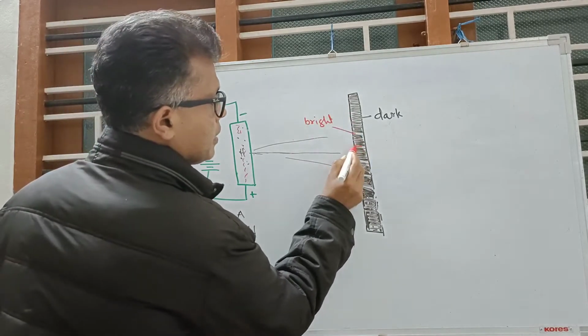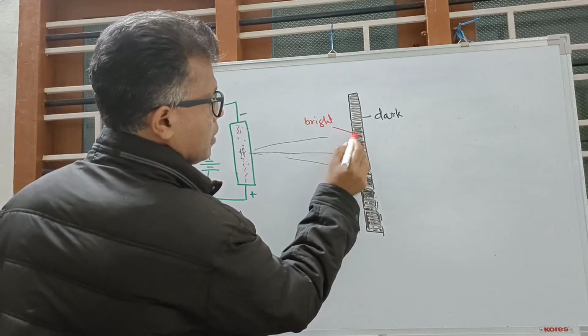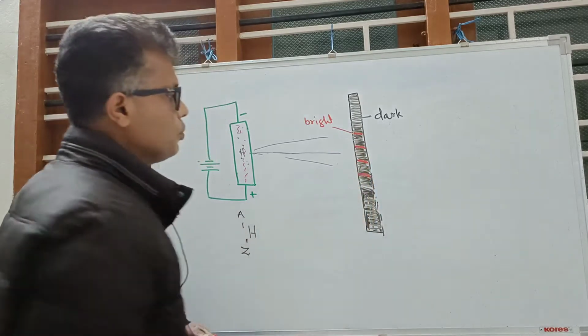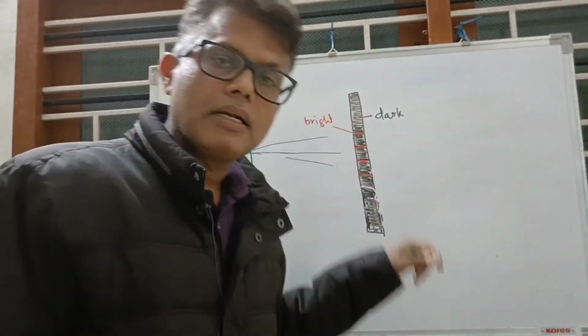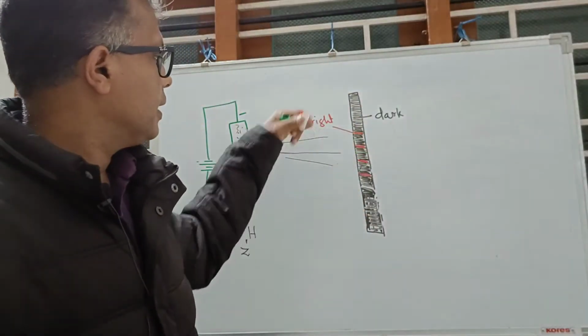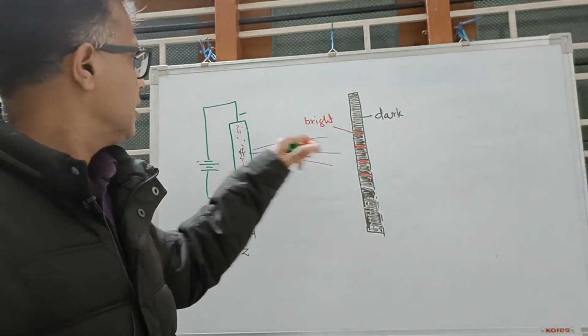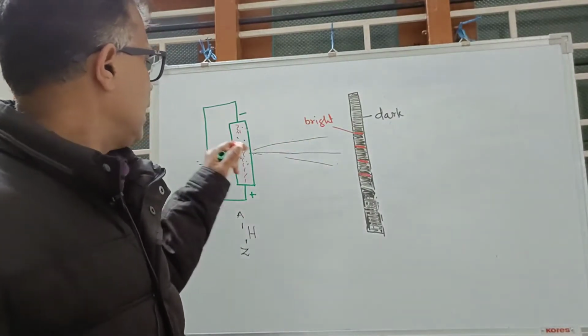This one is bright. Now you see, in the dark background, there will be bright lights. This spectrum we are getting when hydrogen gas is ionized.